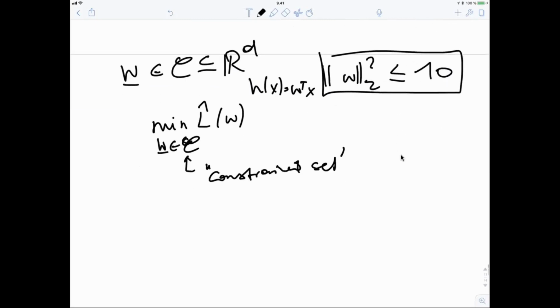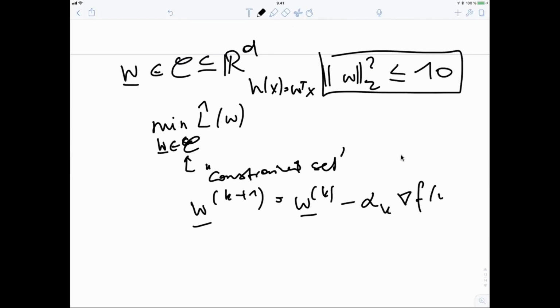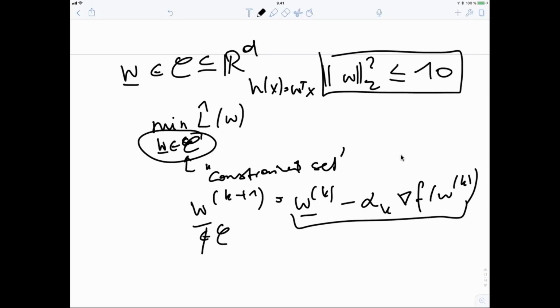It turns out that often we can use a small modification of gradient descent, which is as follows. We start again by improving the current weights w_k by doing a gradient step. But doing this gradient step might lead us outside the constraint set. So the result of this gradient step might not belong to the constraint set anymore. So what can we do?